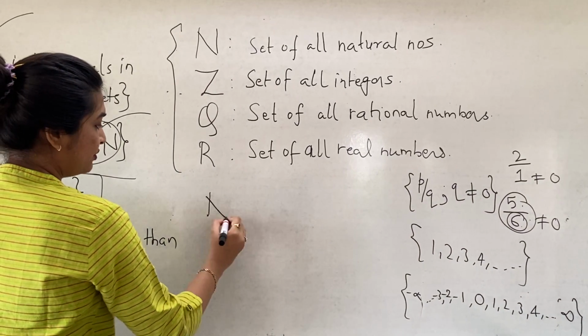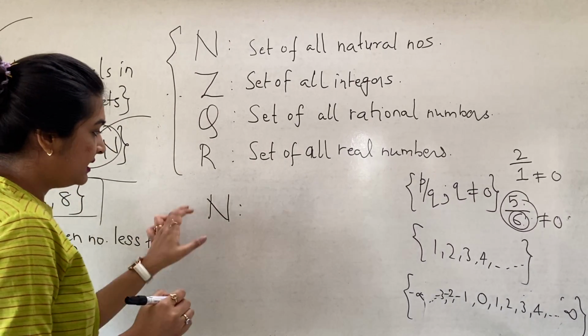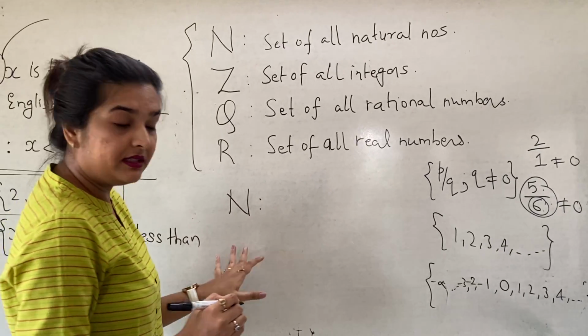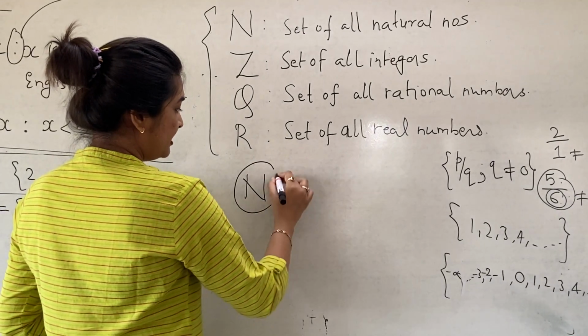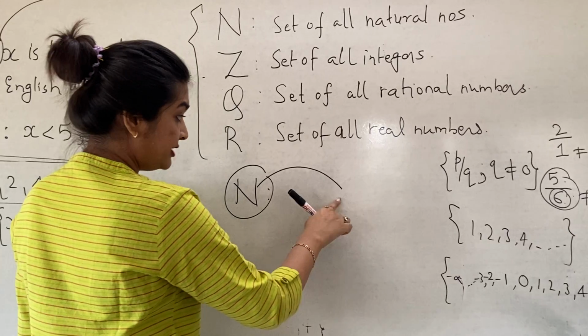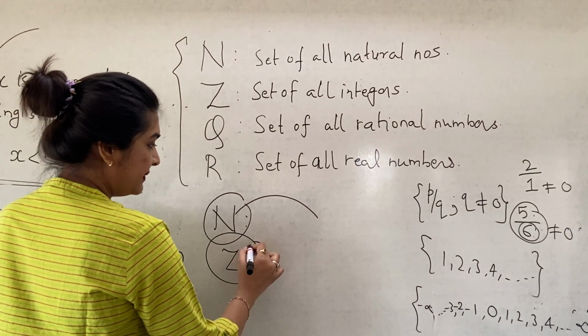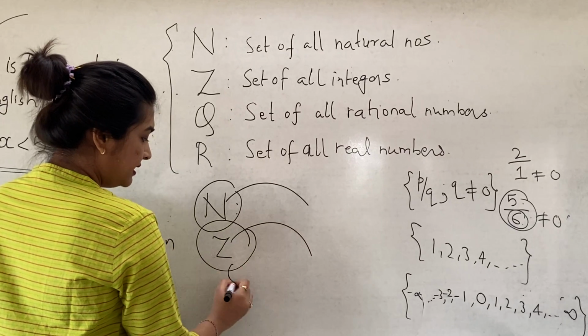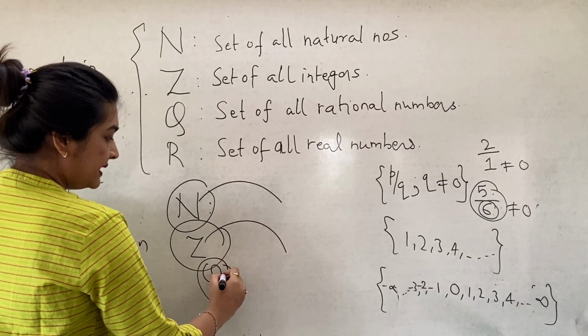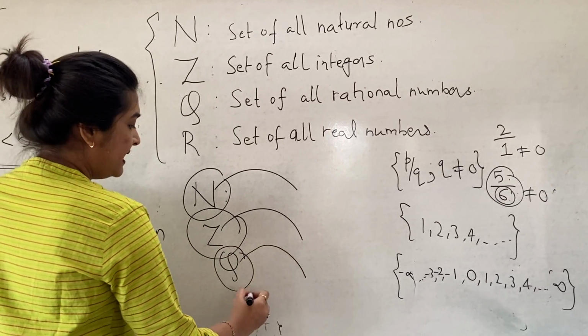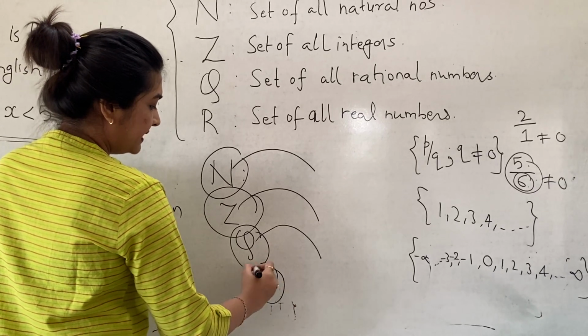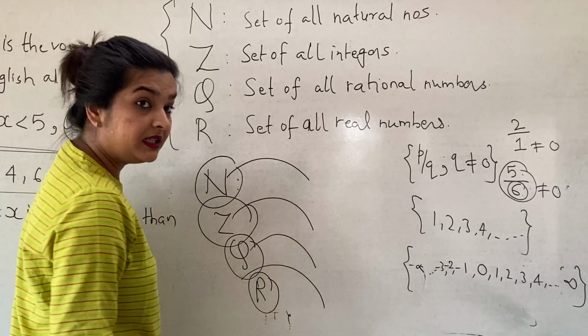If you see the letter N anywhere, that means the set of all natural numbers. If you see Z, then this is the set of all integers. Q is the set of all rational numbers, and R is the set of all real numbers.